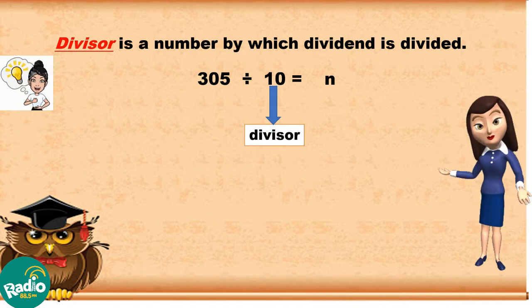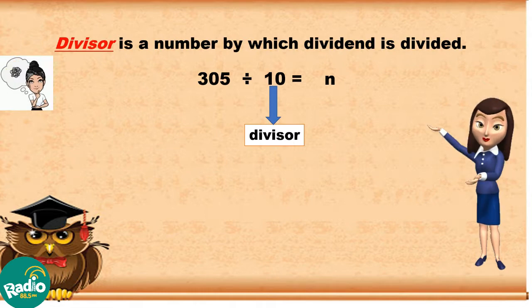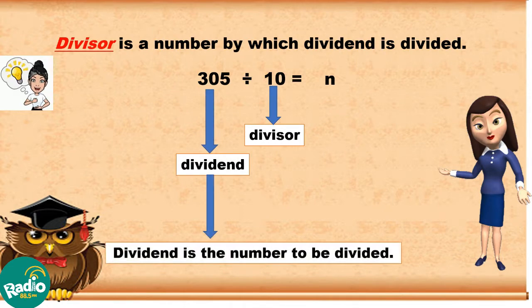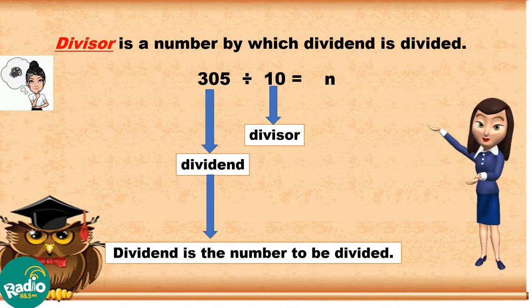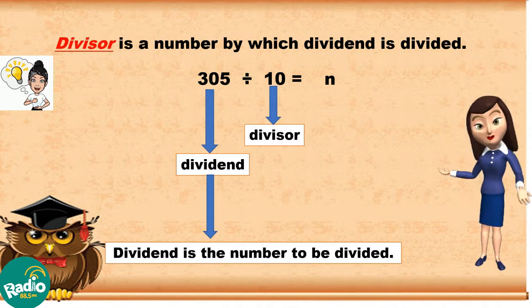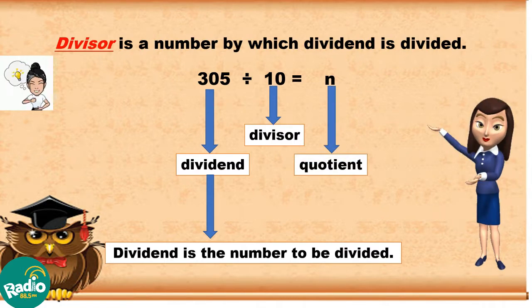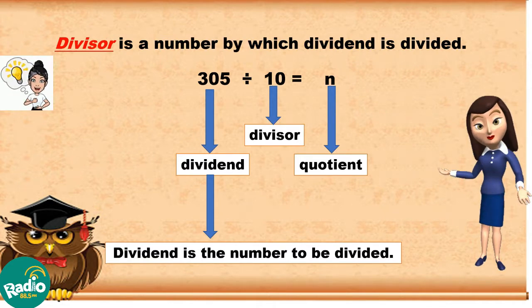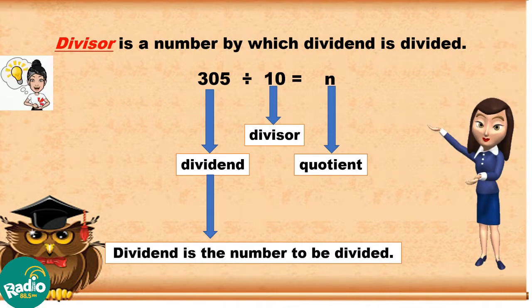How about 305? What do you call it? You're right. We call it dividend. Dividend is the number to be divided. And of course, the number represented by n is the quotient. Very good, learners. Well, it is good to hear that you remember our previous lesson.